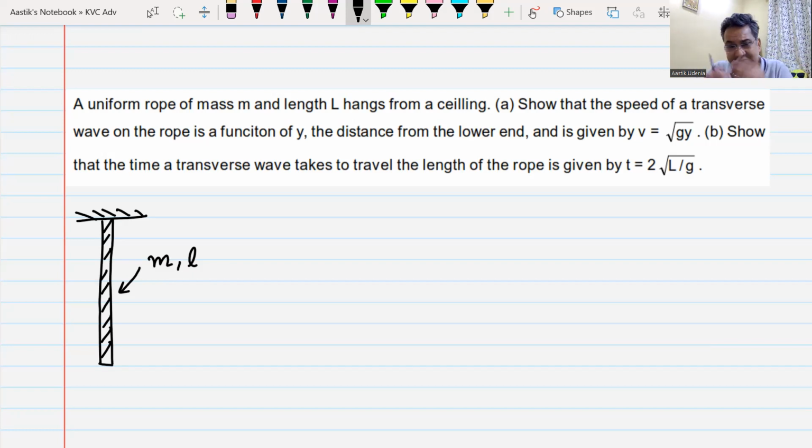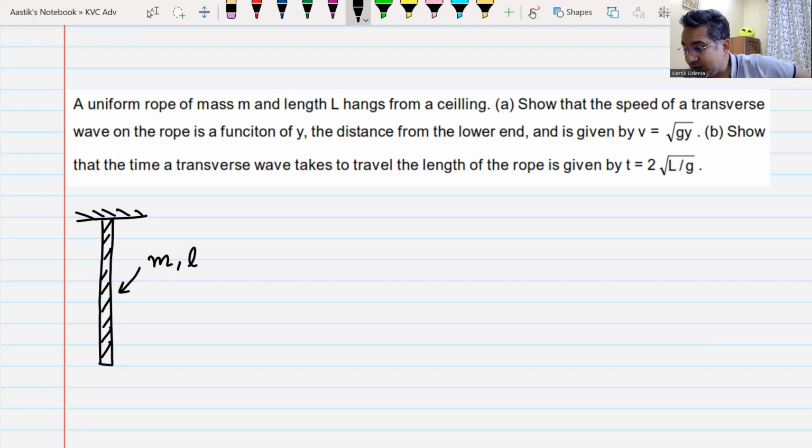Because of its hanging mass itself, it will have tension. And at which point is the tension going to be maximum, and at which point is the tension going to be minimum? At the ceiling, the tension would be maximum, and at the lowest point, the tension would be minimum. In fact, it will be zero. Yes or no? Yes, sir. So this rope will be subjected to a variable tension.